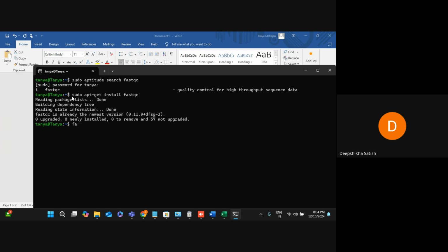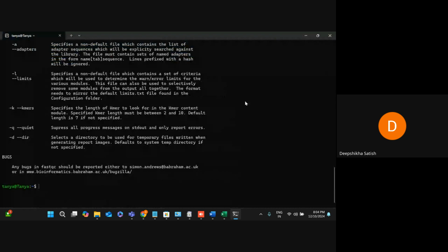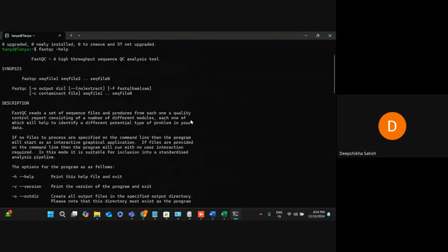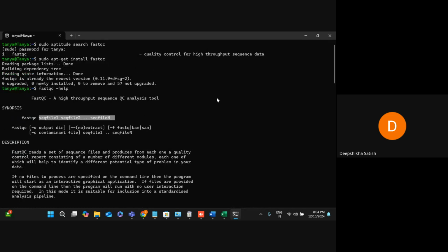You have to type fastqc -help. It will open the manual, and in the manual it will tell you how to run this FastQC tool. You can see the command here: fastqc, then give your file name. So this is how we install a tool by the repository method.